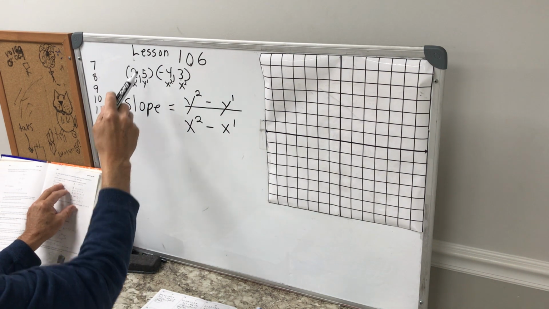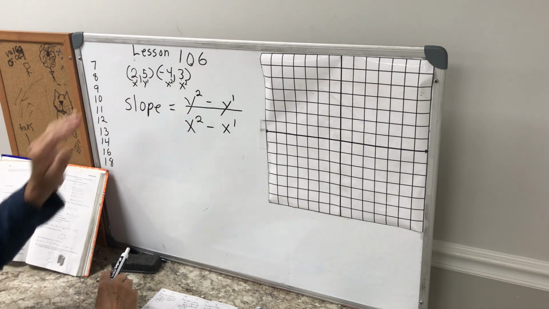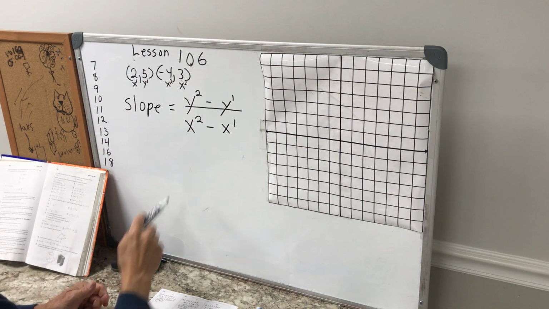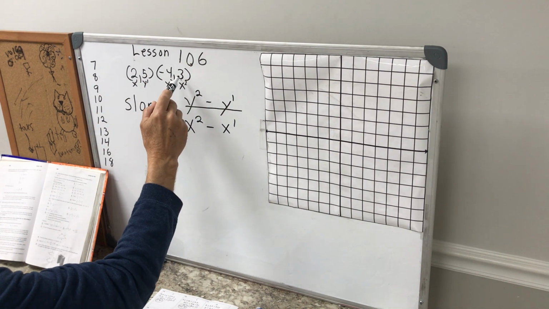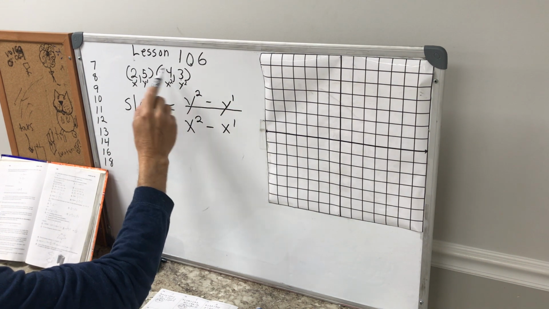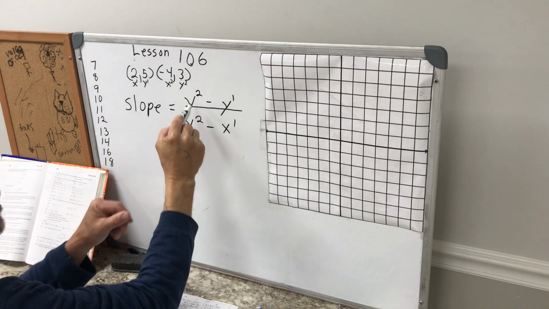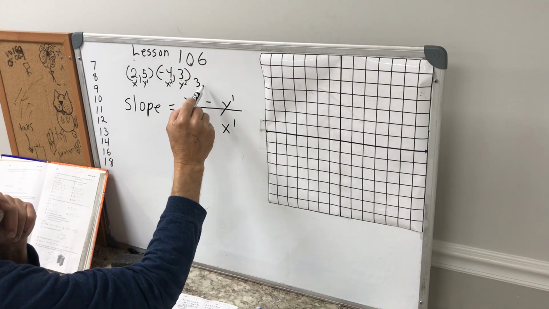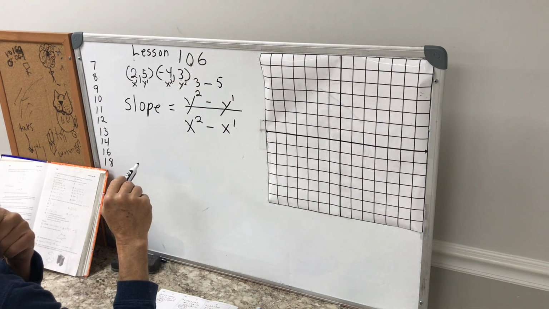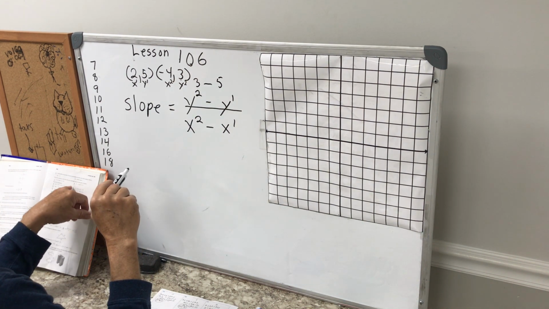Now, that's just because they gave us this one first that we're calling that x1 and y1, and the second one, here is y2. That's the second one. So it's going to be 3 minus 5. Did I record that right?